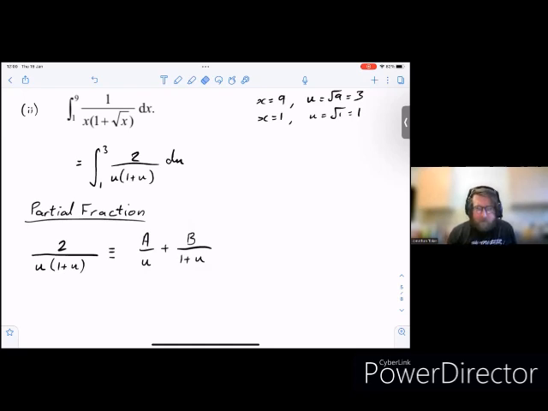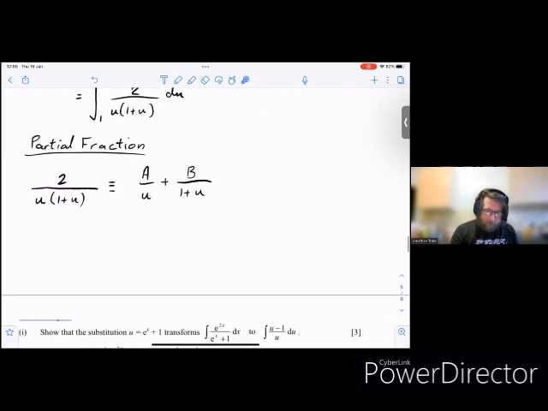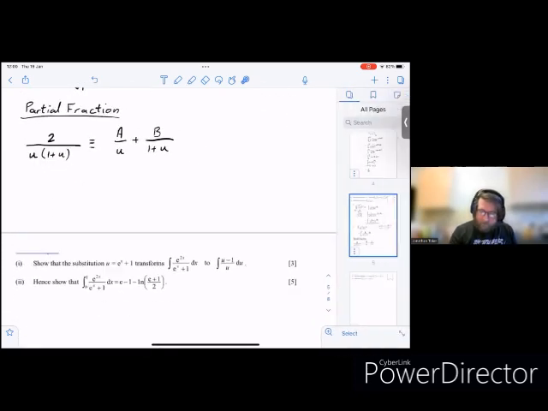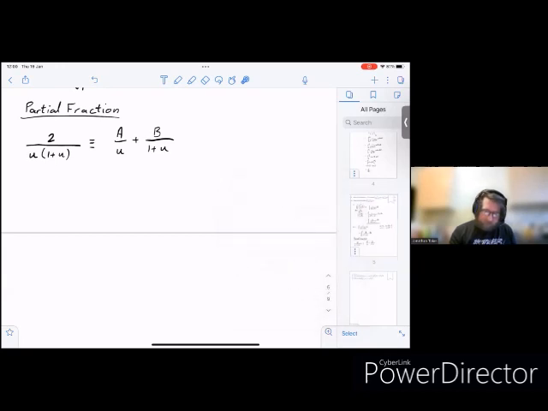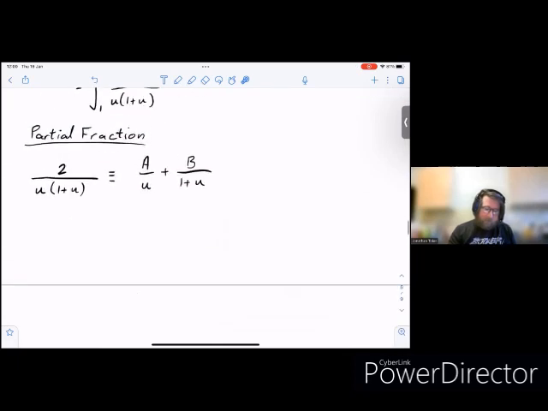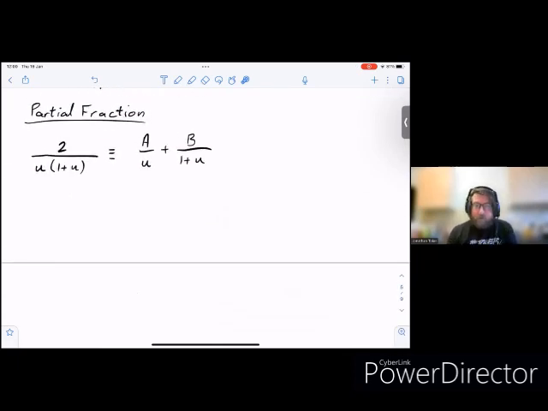What's maybe not completely obvious is that there will just be a number on the top of both, and that's true even if this numerator had u's in it. Notice I've used the identity symbol rather than the mere equals symbol. So that means this is always true no matter what u is.